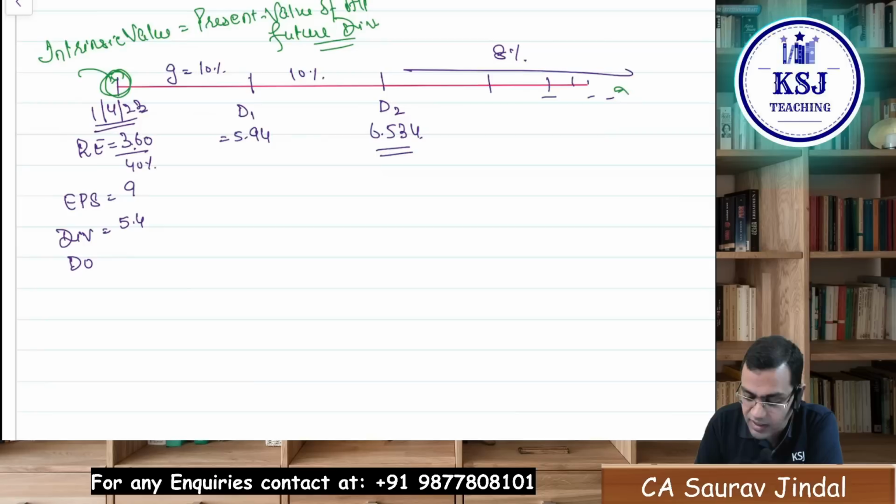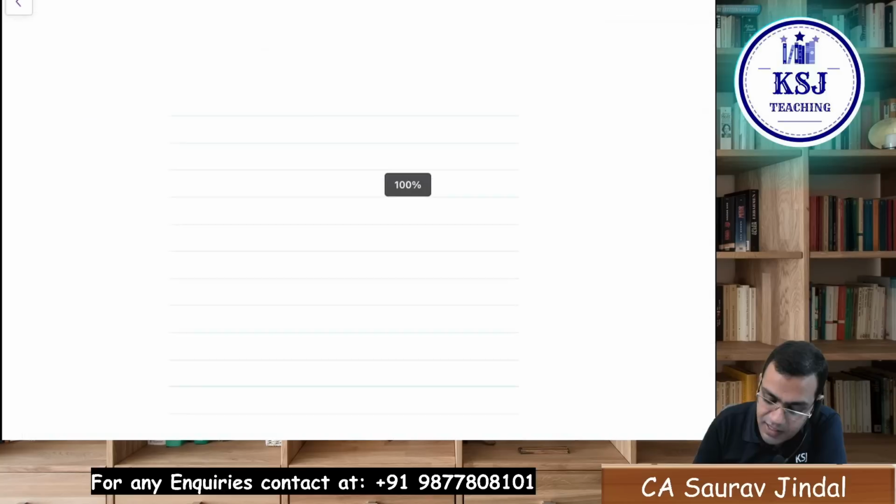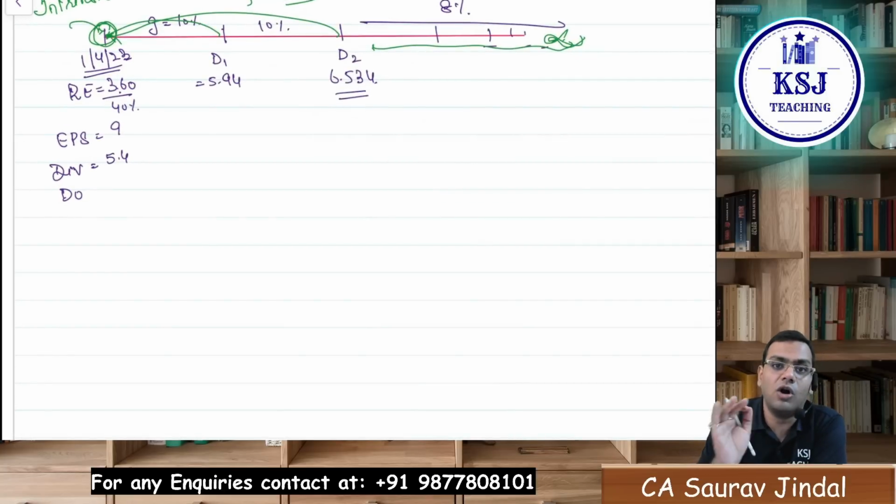This is for infinite life. Then how can we calculate? We can calculate the present value of this, there is no issue in that. Required rate of return is given, 15%. We can calculate the present value of this. But what about the dividends here? Can we ignore them? No, sir. What we will do here is apply the growth model.